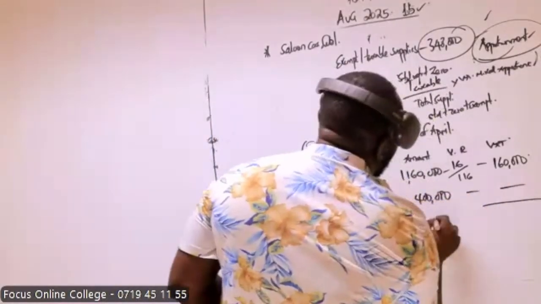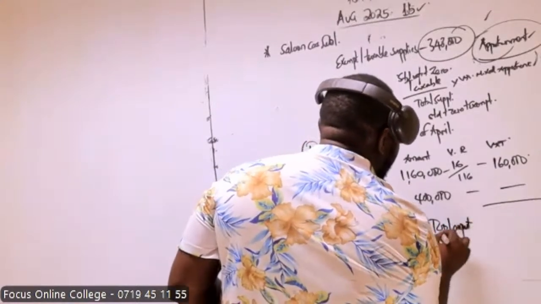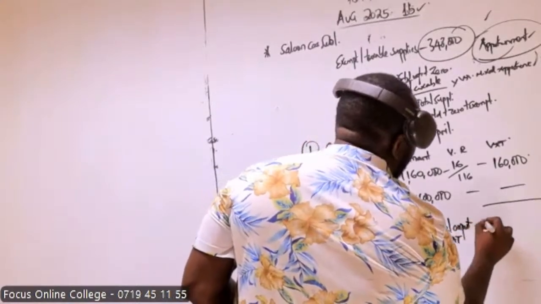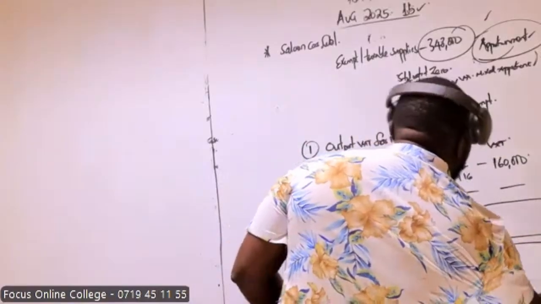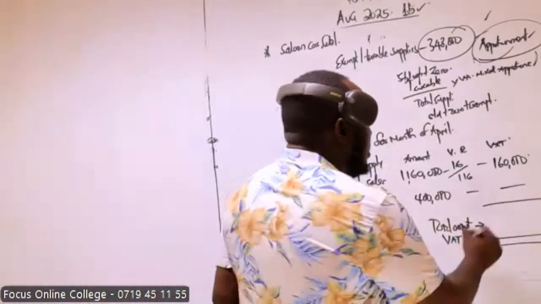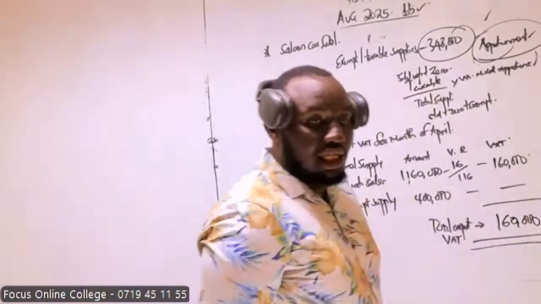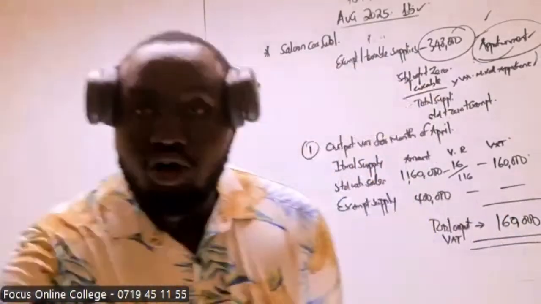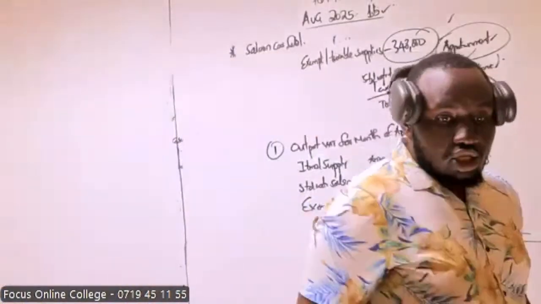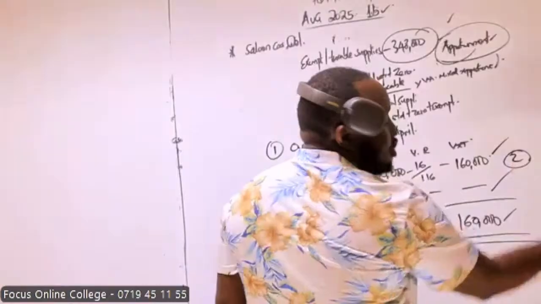What is the total output VAT? The total output VAT gives us a figure of 160. So with that, the end point is this and this. If you do that, you have your 2 marks.